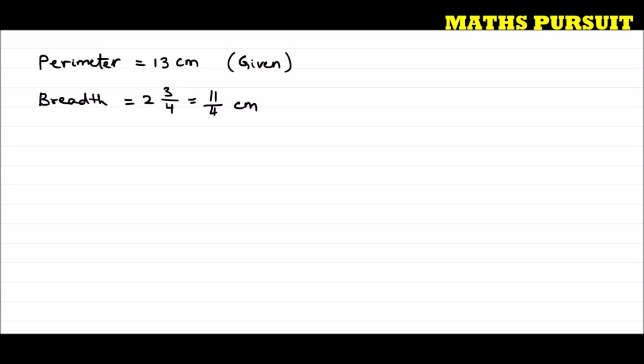So the question has given us the perimeter as 13 centimeter and breadth as 11 upon 4 centimeter, and the question is asking us to find out the length of this rectangle.